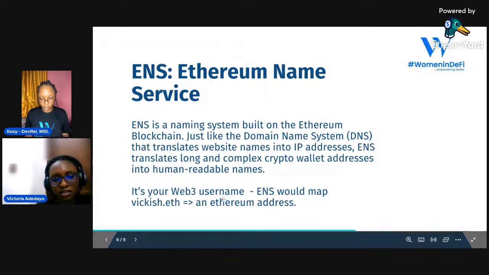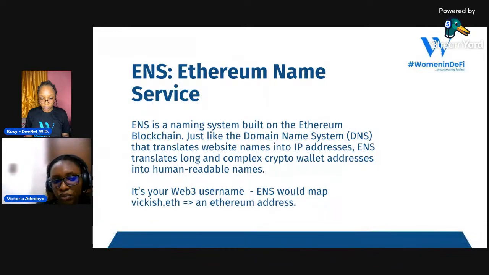So ENS is a naming system built on the Ethereum blockchain. It's just like a domain name system, DNS. Instead of you having IP addresses, I hope you know this, right? This website that you see, let's say, for example, vikish.com, is actually an IP address, but they translated that into a domain name.